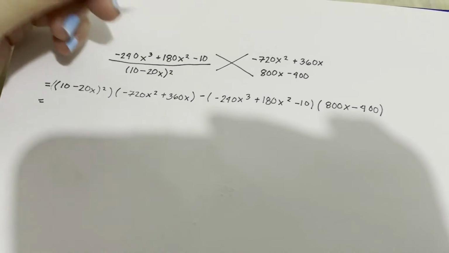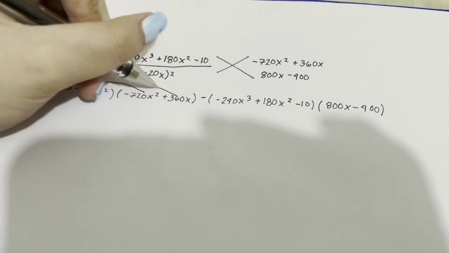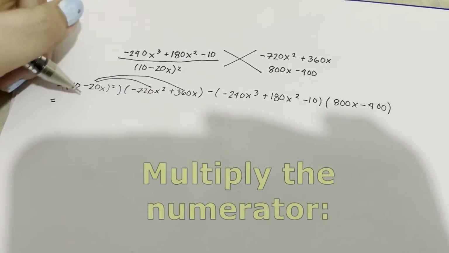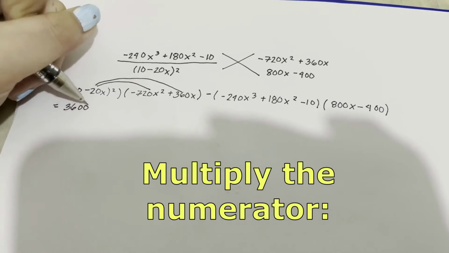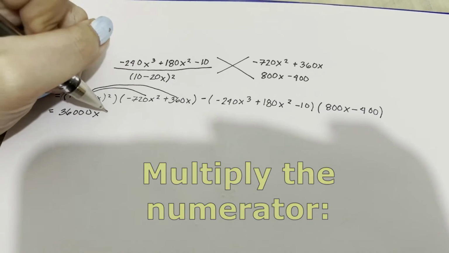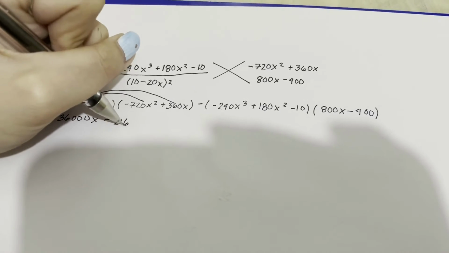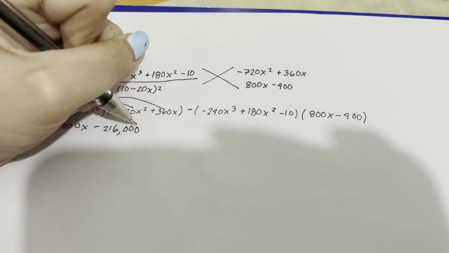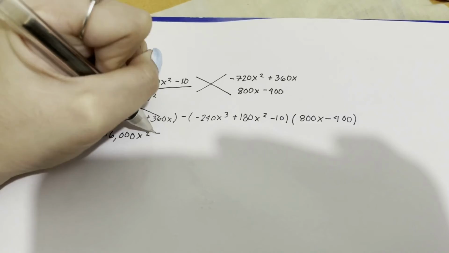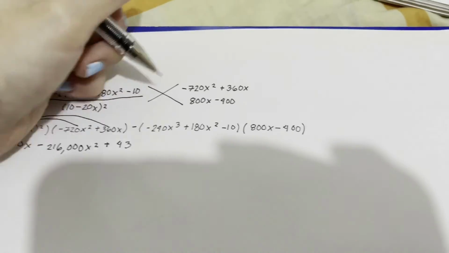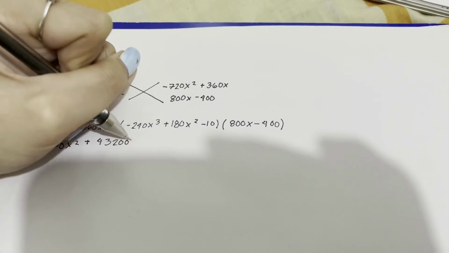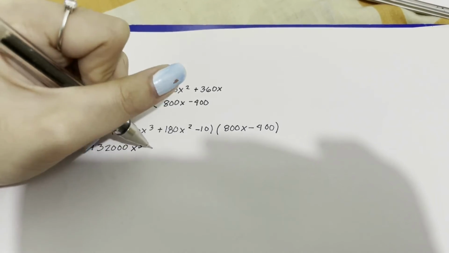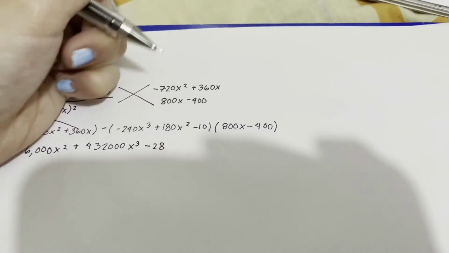When we multiply (10 minus 20x) squared times (negative 720x squared plus 360x), the simplified product is 36,000x minus 216,000x squared plus 432,000x cubed minus 288,000x to the power of 4.